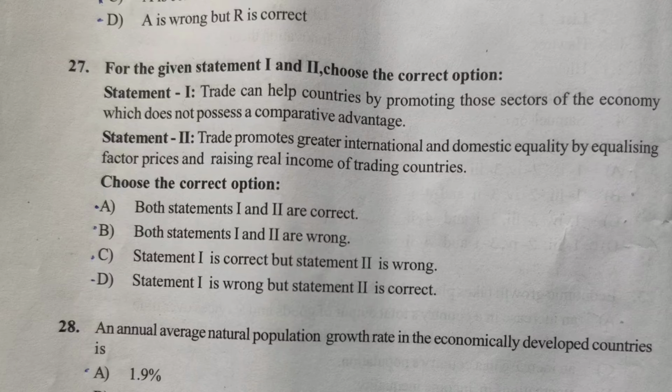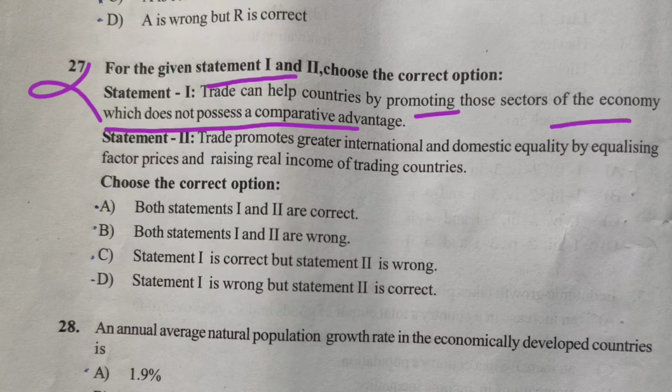Then the next question: trade can help countries by promoting those sectors of economy which do not possess comparative advantage. So it is in fact blatantly incorrect. Why? Trade does not help countries by promoting sectors in which they do not possess a comparative advantage. Rather, it encourages specialization in sectors where they in fact have comparative advantage.